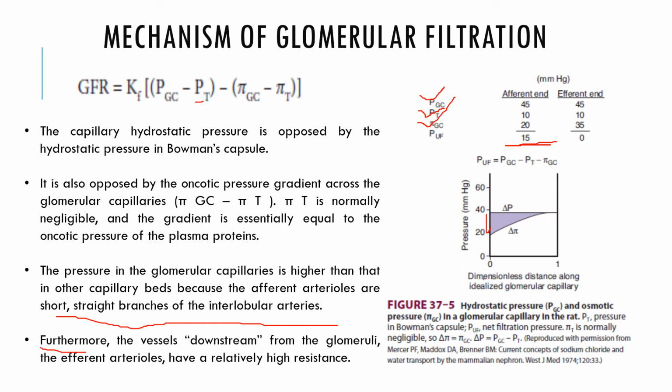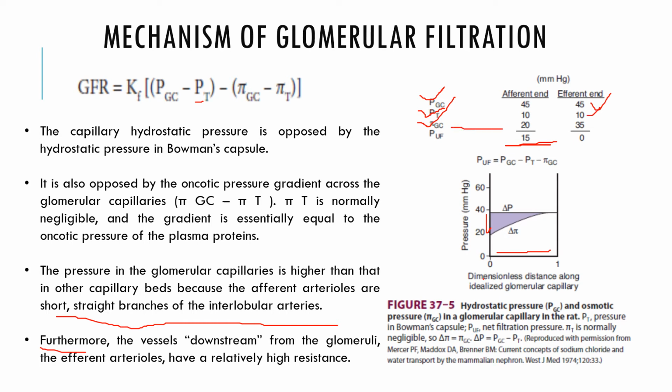Now, as the blood proceeds through the glomerular capillary from the afferent towards the efferent end, the rapid filtration of fluid leads to a gradual increase in the colloidal osmotic tension, or oncotic pressure. At the efferent end, the hydrostatic pressure is the same as at the afferent end, 45. The hydrostatic pressure of the Bowman's capsule is also the same, 10 mm of mercury.